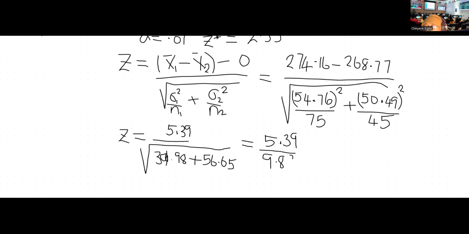Okay, Dwight, what did you get? Let's see. Okay, 5.39 over 9.83.